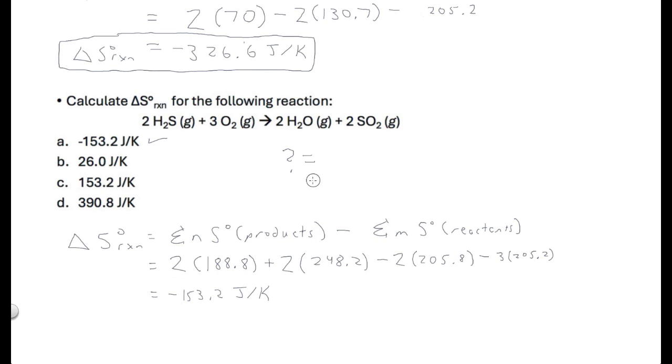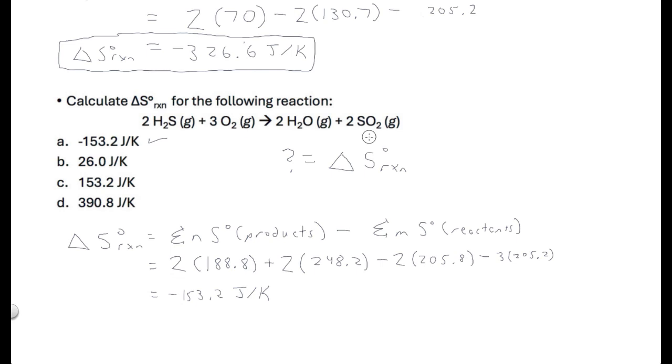The question was asking us for the change of entropy, and then the little circle and the reaction. So delta S circle reaction. So it's a good idea to start with the symbol for what the question is asking.